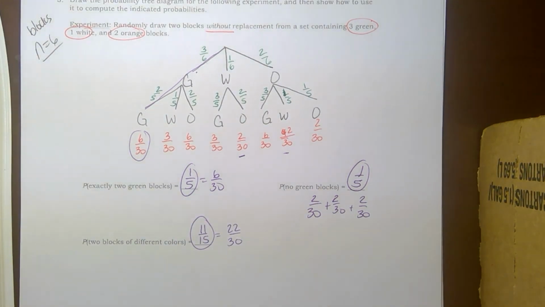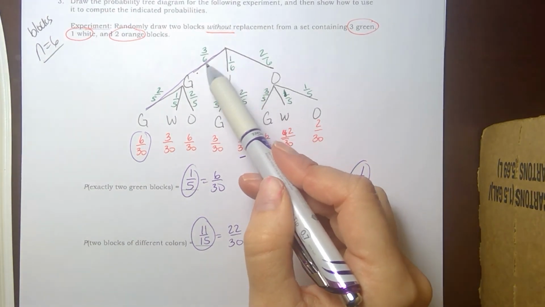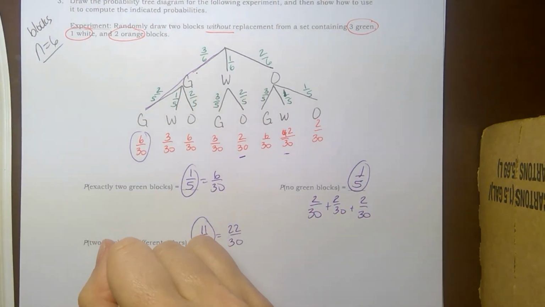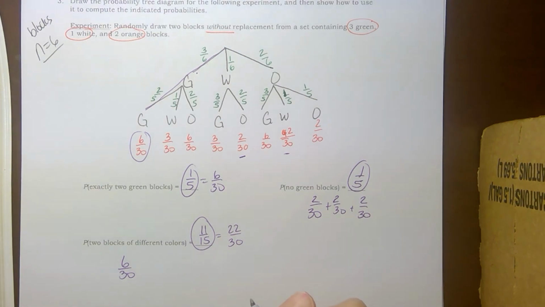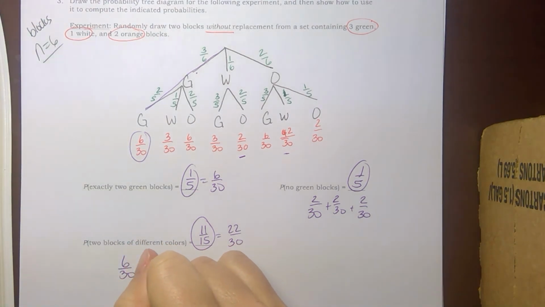You had an option. You could either find each of the pathways that have blocks of different colors, or you could have said, you know what, the complement of that would be 2 blocks of the same color. Well, 2 blocks of the same color would either have to be 2 green blocks, which is 6/30, or 2 orange blocks, which would be 2/30.